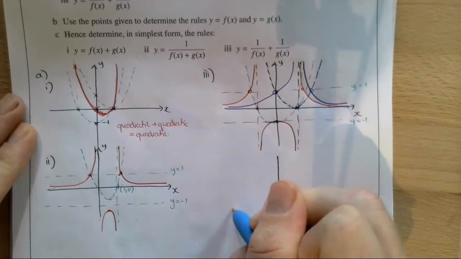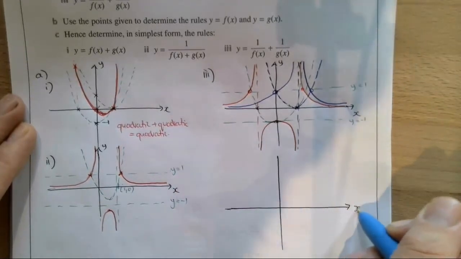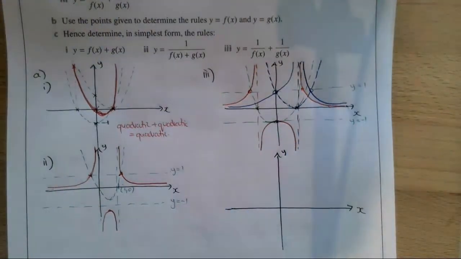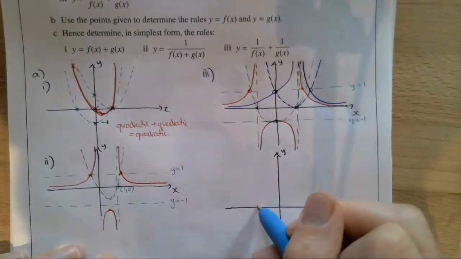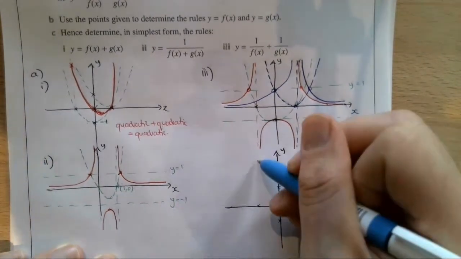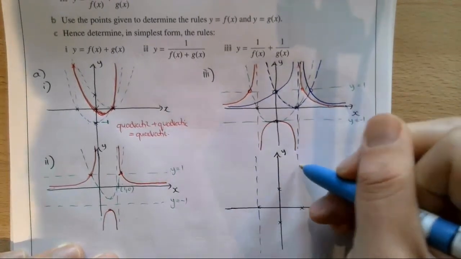But now I'm going to take those two new graphs I've drawn and do the addition of ordinates method. So the first thing I'm going to do is sketch those on. We need our asymptotes, these ones here.